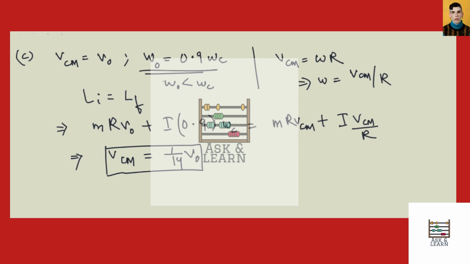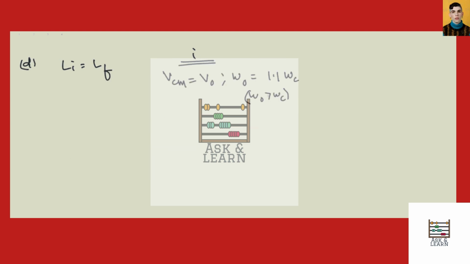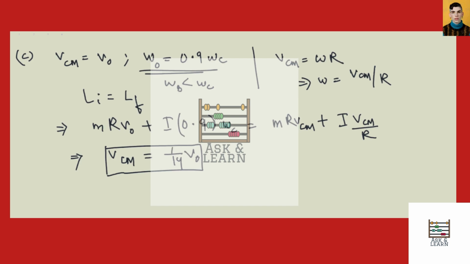Contradictory to the case in part C where omega naught is less than omega c. So that's for the initial motion, and for the final motion, again the ball is rolling, so we have omega to be equal to velocity of center of mass over r, the same relation that we used here.